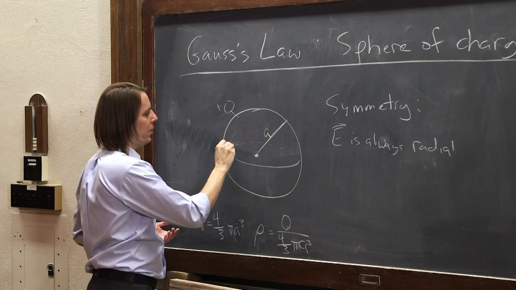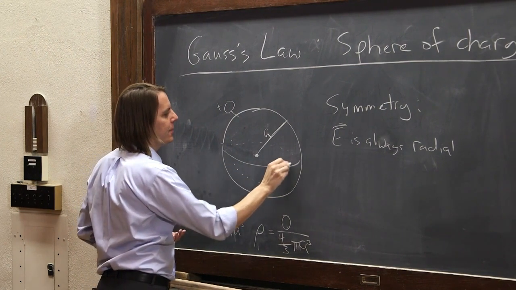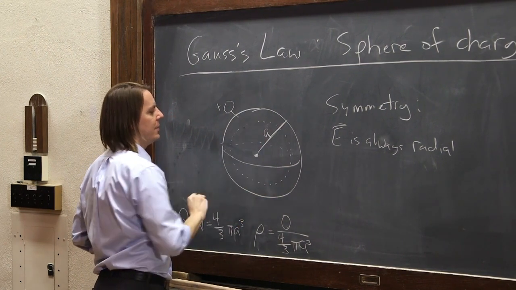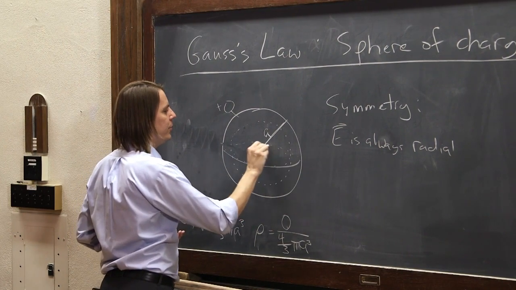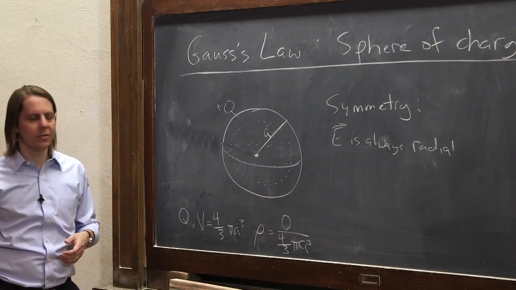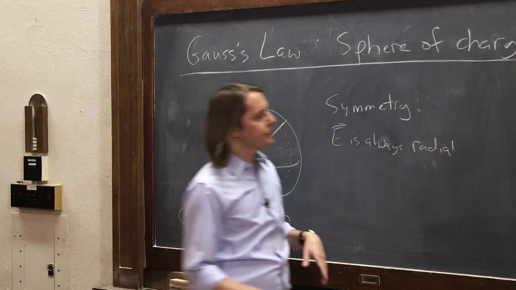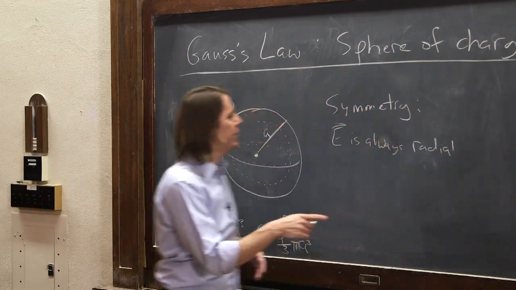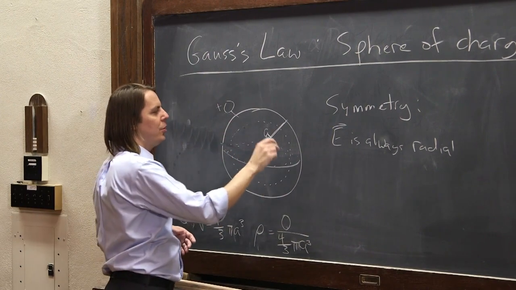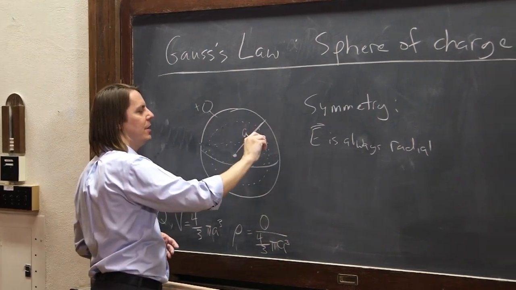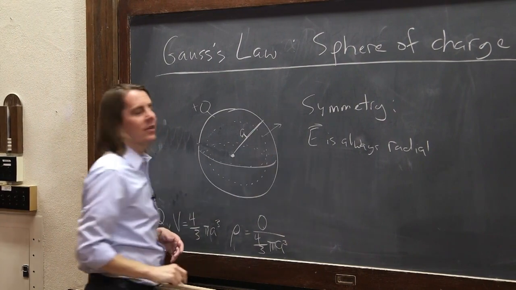Okay, so I'm going to draw just another sphere inside the big sphere like that. And it's also our Gaussian surface. Okay, so let's apply E dot dA to that. Due to symmetry, as you go around the integral, everywhere you go, E has to be in the radial direction, and dA has to be in the radial direction.